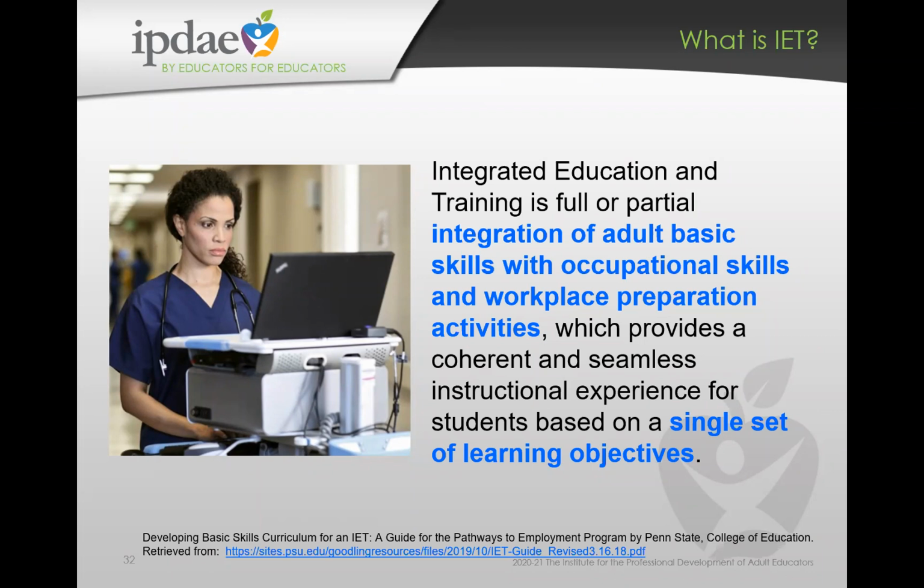And for all three of these things to be organized and aligned, you need to develop a single set of learning objectives to tie them all together, because they're traditionally taught apart. So now that we're going to try to put this all together into one solid program, we need something to tie them all up, right? And that will be what we call the single set of learning objectives. So more on single set learning objectives as we get into the actual workshop.